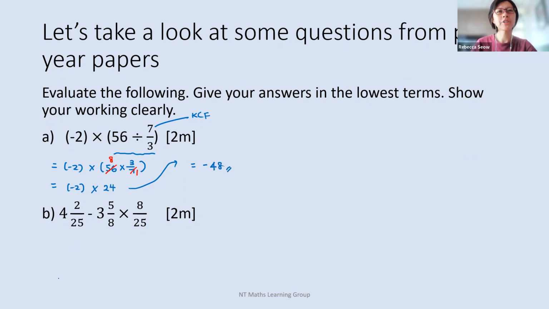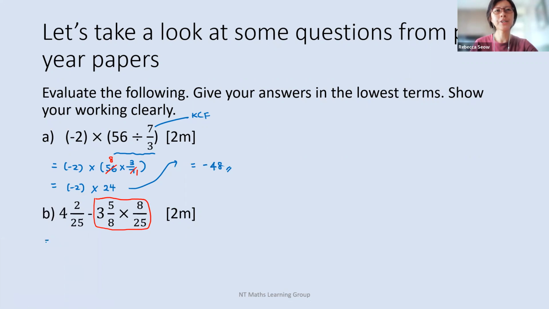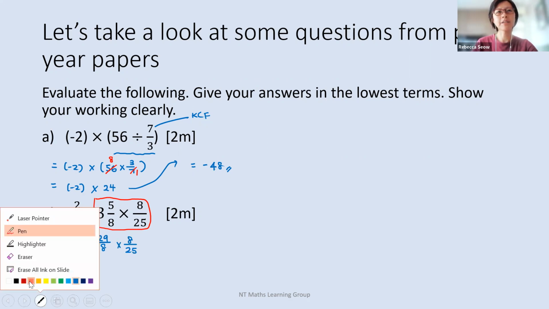Finally, for question B, looks like I will have to multiply first. So let me multiply these two fractions. First step would be to change the fractions into an improper fraction. And let me simplify it.